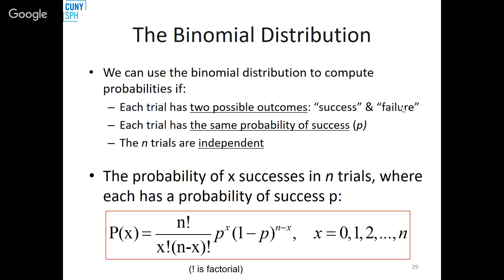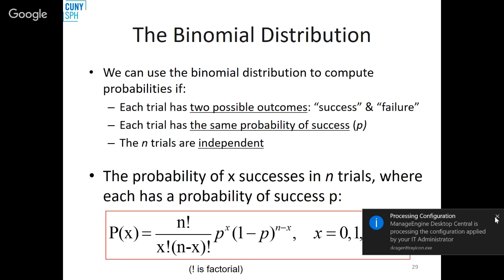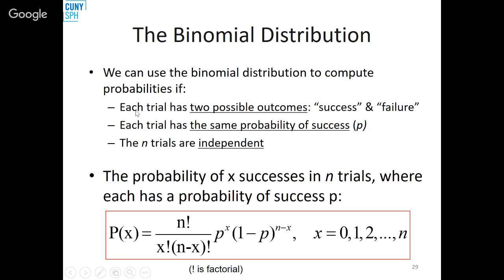You still just choose one of them to be your success as a matter of terminology. So each of these trials has to have 2 possible outcomes. Each of them has to have the same probability of success, and each has to be independent.